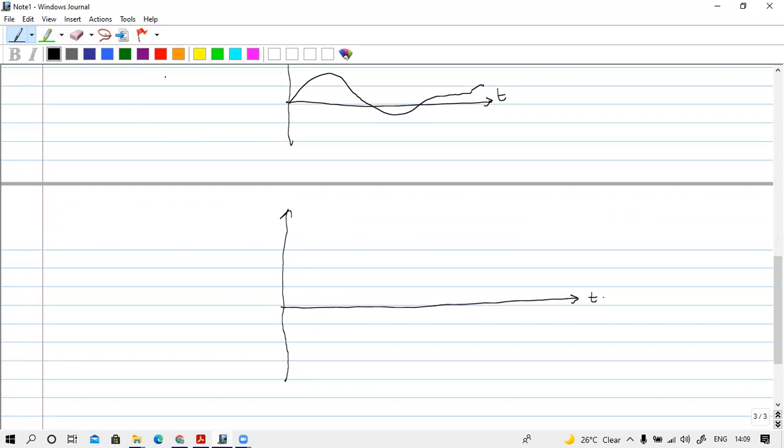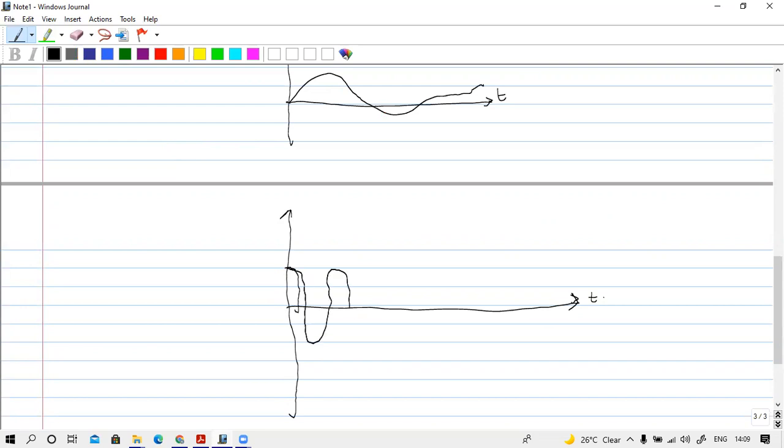It is a high frequency signal, normally a sinusoidal signal. So we get a cosine signal. It is like this, this kind of high frequency signal.